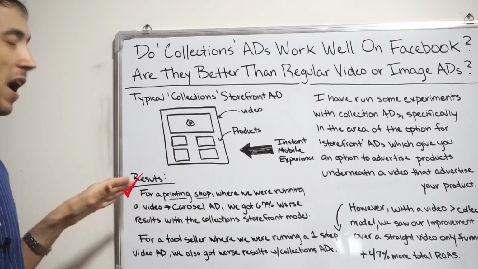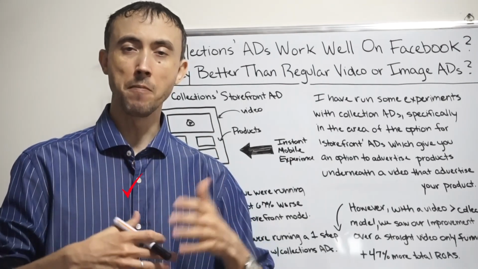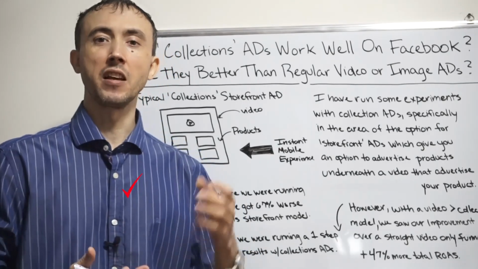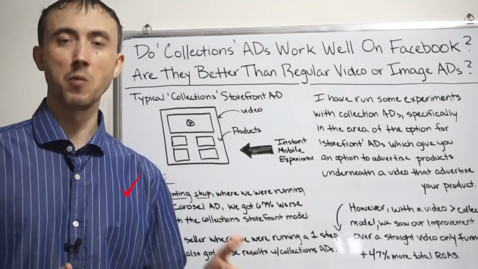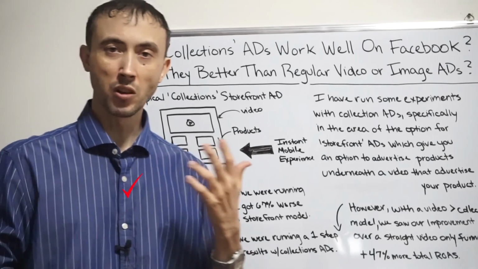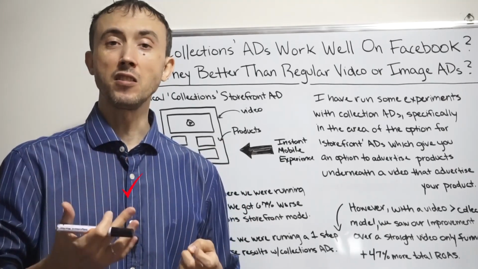For the print shop, we had video ads specifically that showed examples of different types of items that you could get printed, like a specific booklet that we were printing, and an example of that specific booklet that was made for a specific type of event.